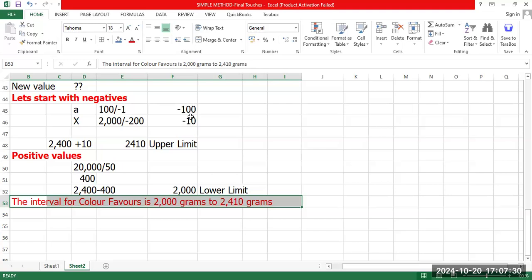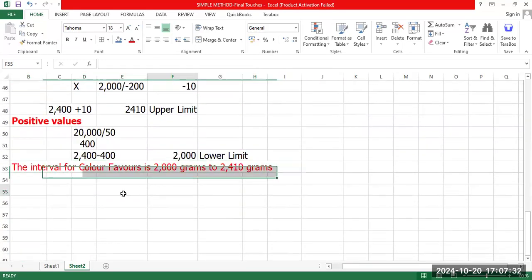Are we together? Is this clear? Yes. So we are done with the first scarce resource.